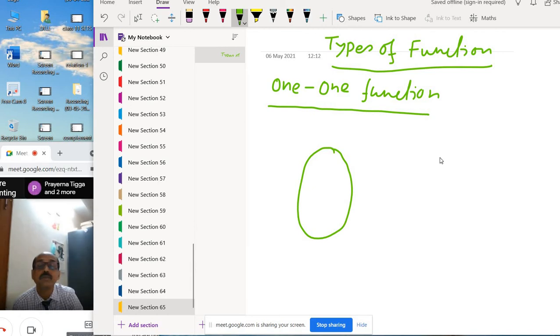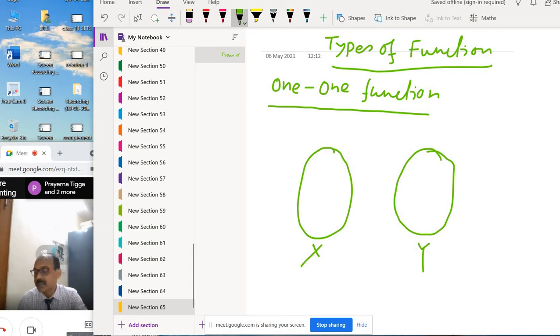This is X and this is Y, two sets, and X set elements are, take, 1, 2, 3, 4, and Y set elements are a, b, c, d.